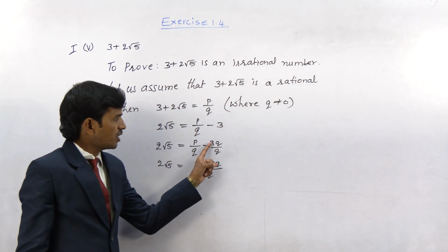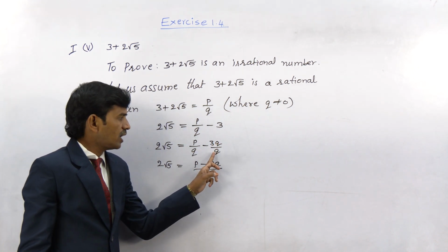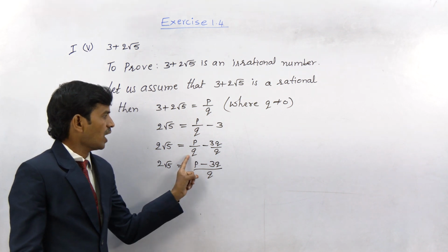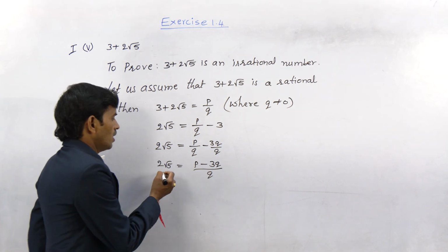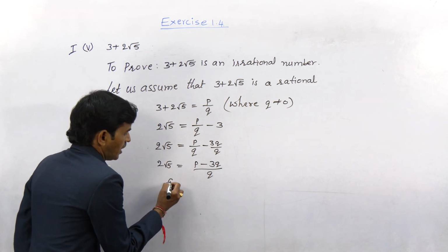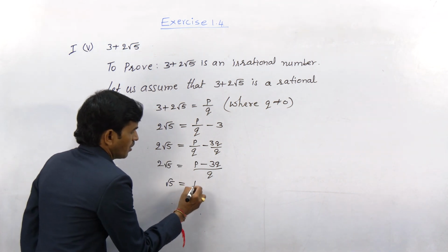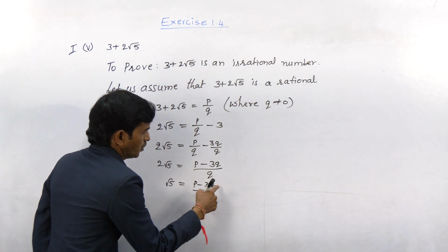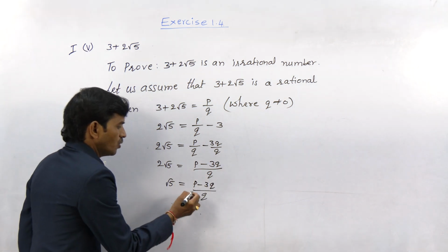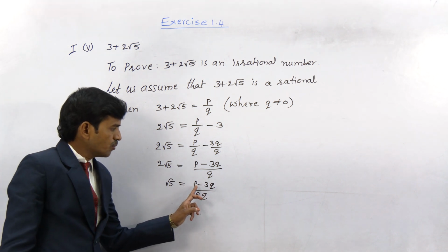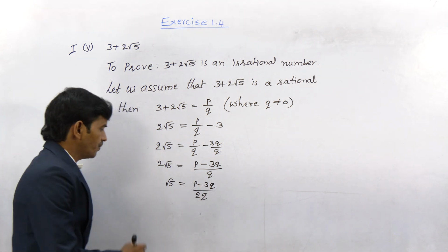As we multiply 3 by q and divide by q, then it becomes p minus 3q by q, as q is common. Now we can transfer this 2 towards the right side. Then root 5 is equal to p minus 3q by 2q, as the 2 goes to the denominator.